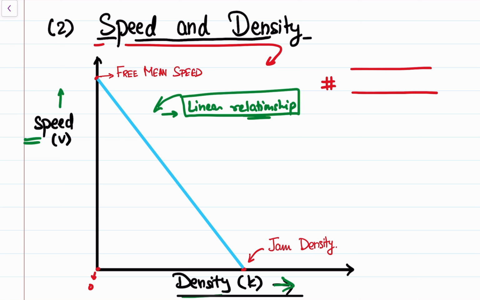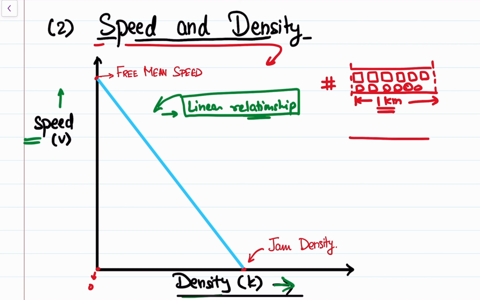Okay, so density, as we know, is the number of vehicles occupying a section of road that is taken as 1 kilometer. Let's say this is a 1 kilometer road section, our test study area.